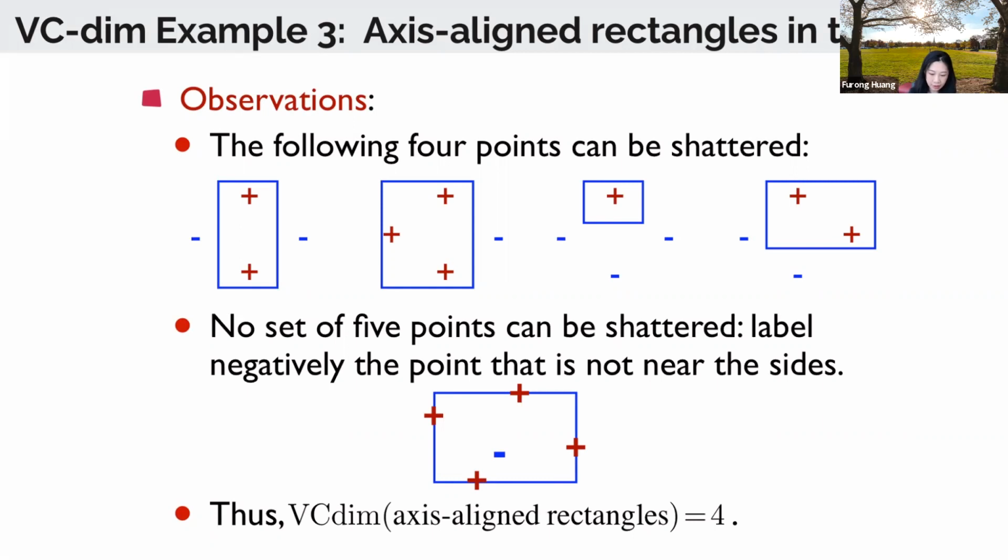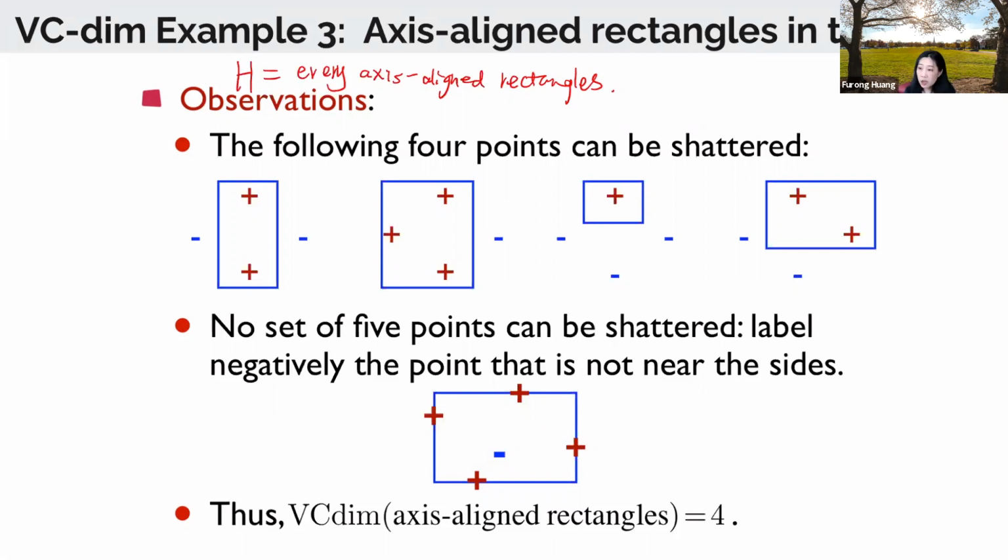In this scenario, the hypothesis H is every possible axis-aligned rectangle in the space. We're looking at a 2-dimensional space, because if you think about a d-dimensional space and a polygon kind of thing, it's a little more complicated. So we're looking at axis-aligned rectangles.